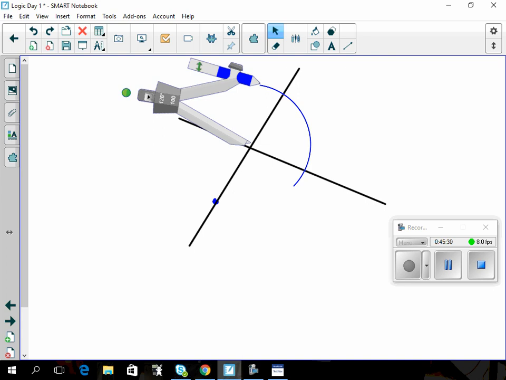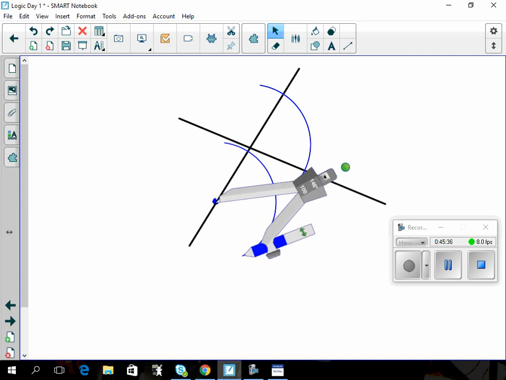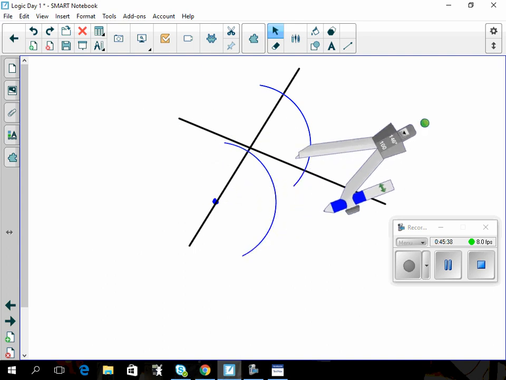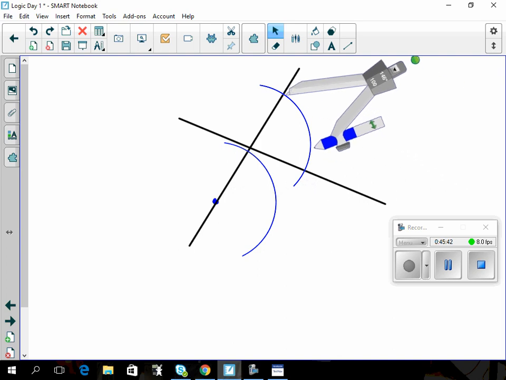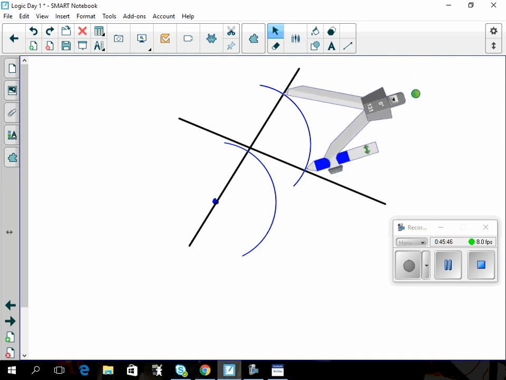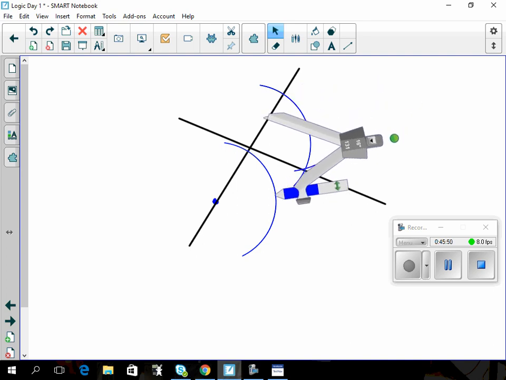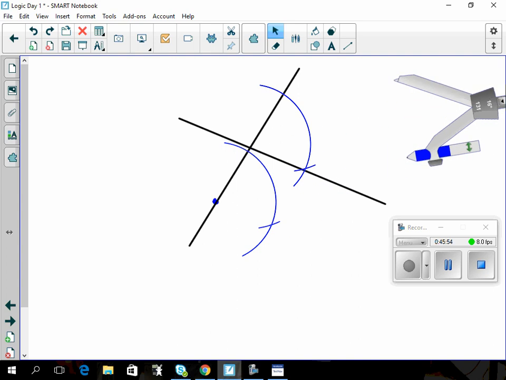Don't make it too big. I'm going to slide this down and make the arc again. They should be about the same size, not a whole lot bigger. Then I'm going to measure how wide it is from here to here. And then I'm going to slide down. I'm going to do the same thing. These two should be parallel. Okay?